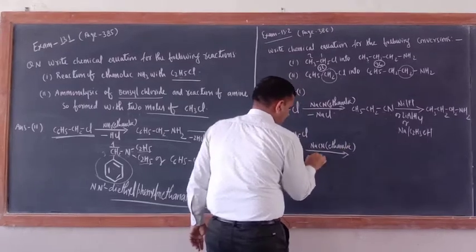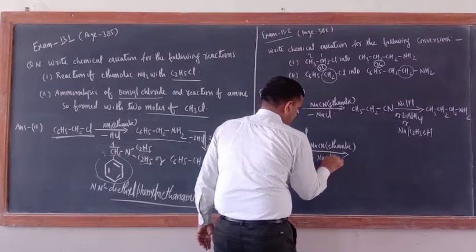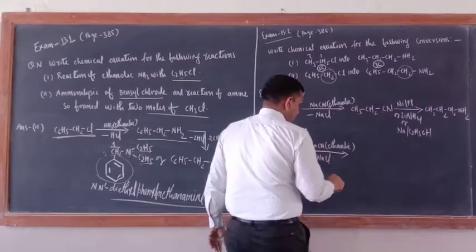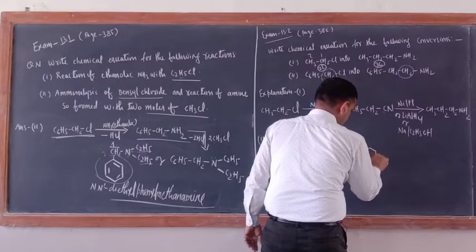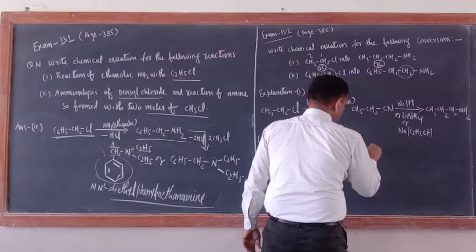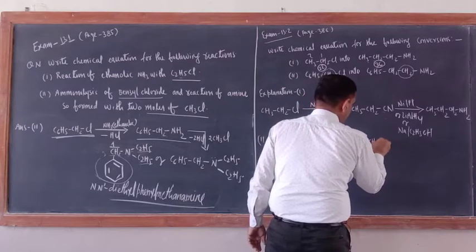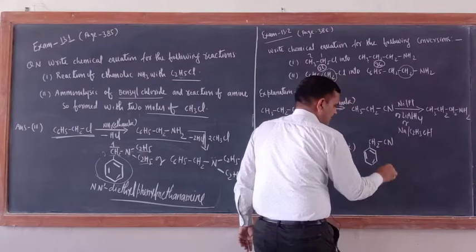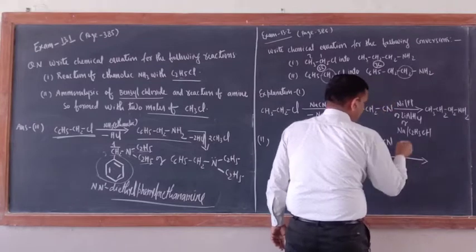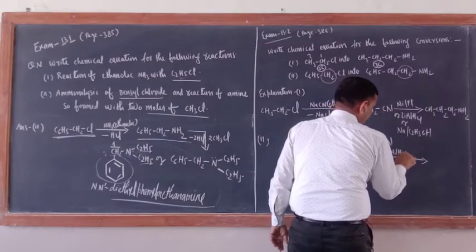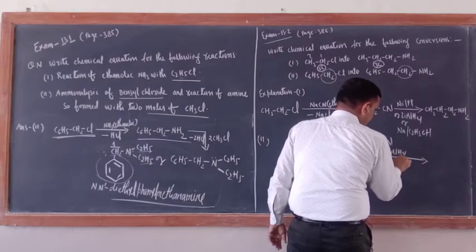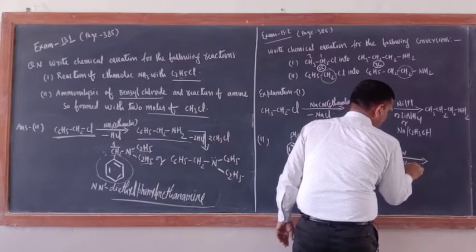So here NaCl, and the product is CH2CN. Now subject it to reduction: lithium aluminium hydride, or sodium with C2H5OH.